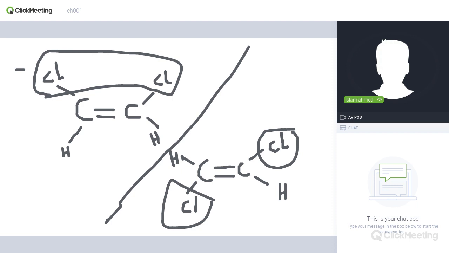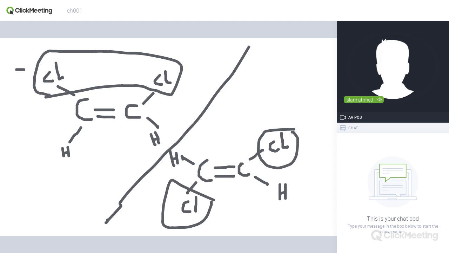That definition must come in the exam, meaning he gives you different types of structures and asks you which one of them is the cis structure. This is one type. The second type of question, he will give you the groups.